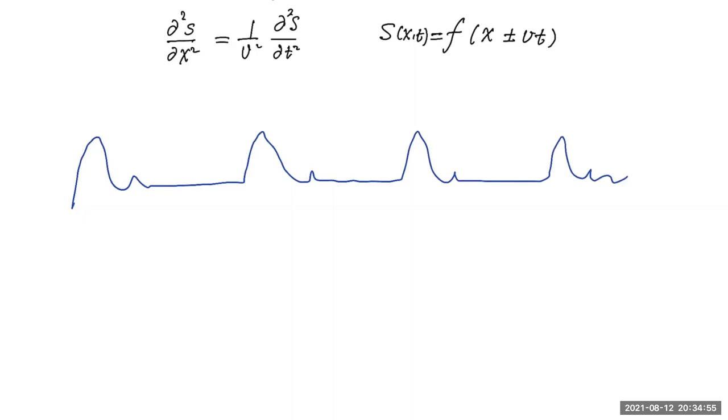But it turns out that there is a tool in math called Fourier Analysis. What it tells us is that for any periodic function, you can always break it down to a bunch of sinusoidal functions, a bunch of sine and cosine functions.